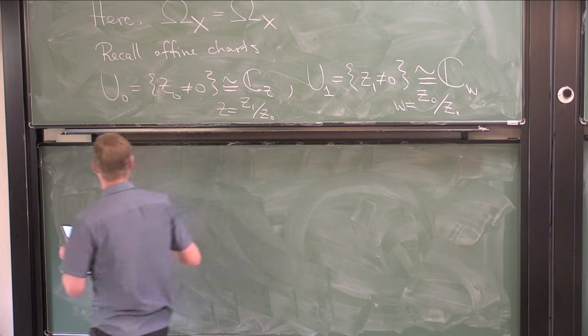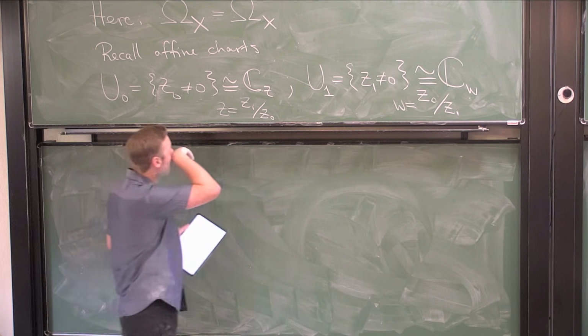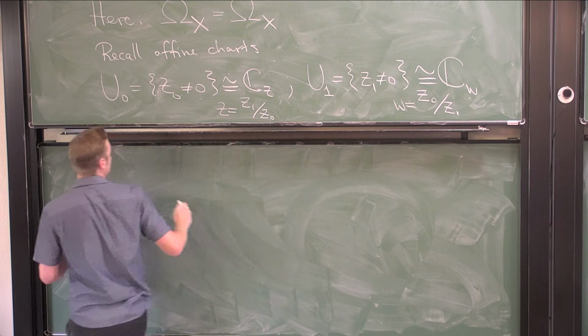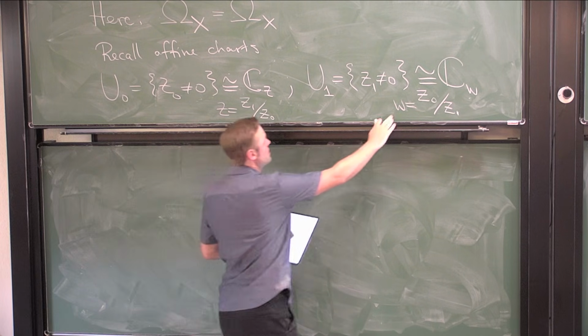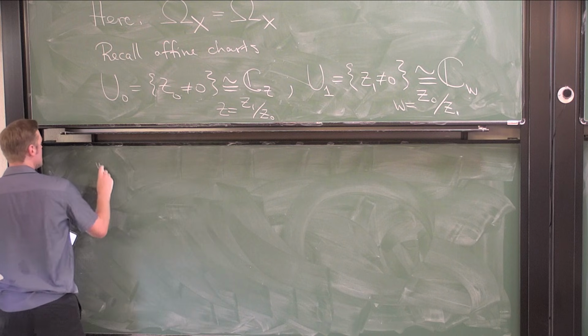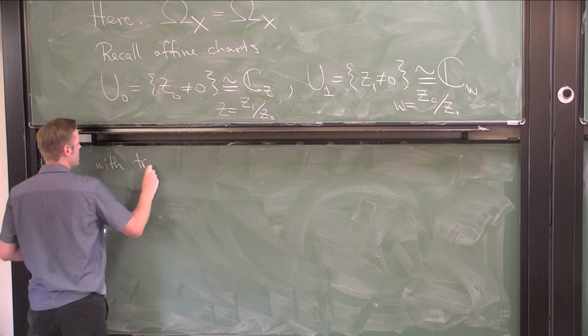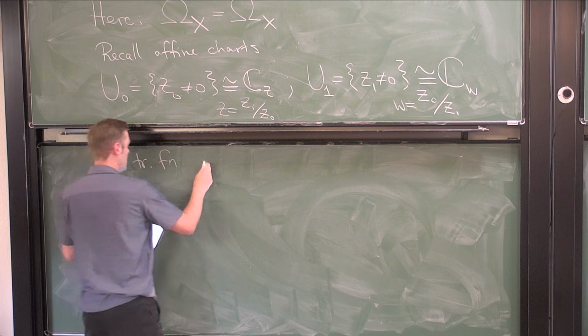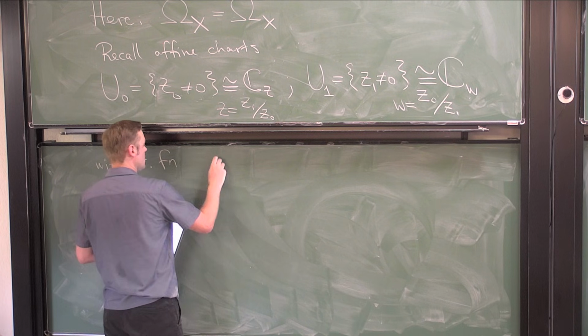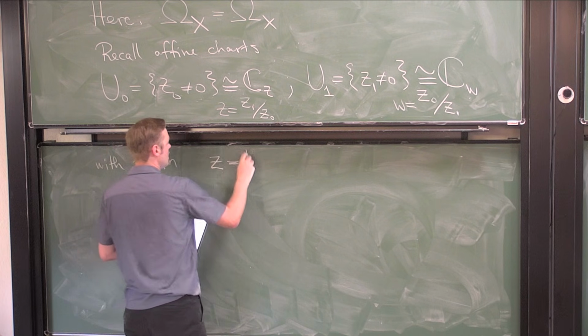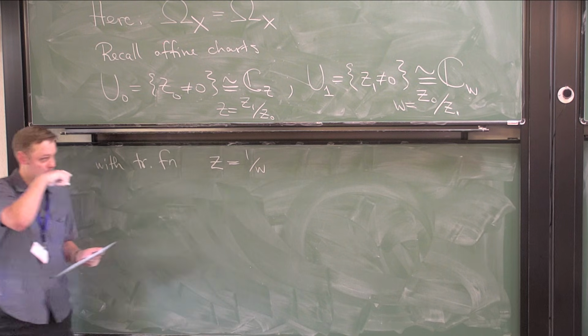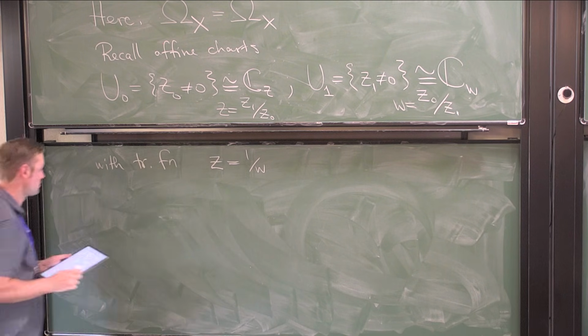Because now we have these two complex charts, one with coordinate z, one with coordinate w, we have a transition function, which relates z with 1 over w, or w with 1 over z.